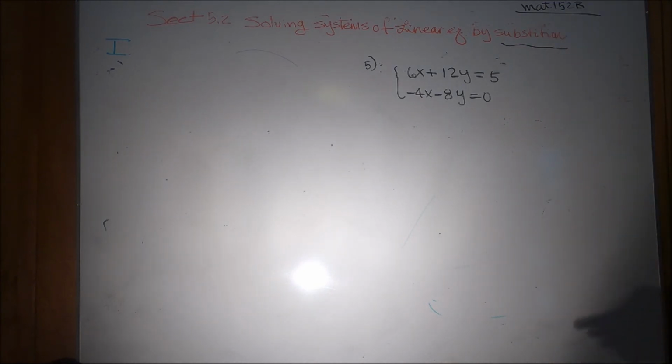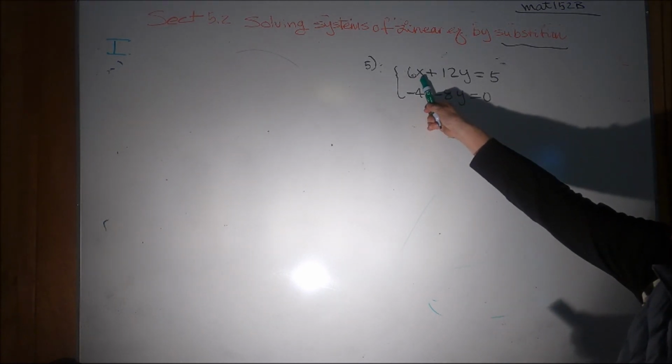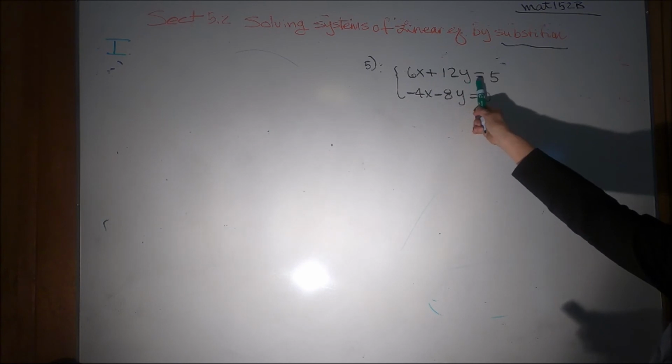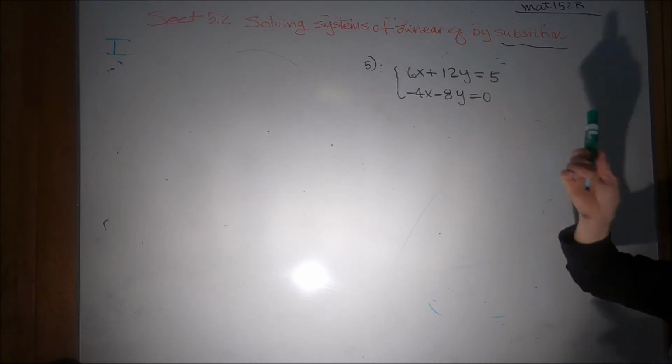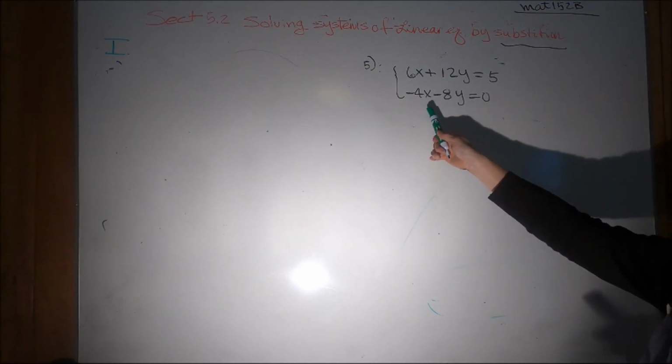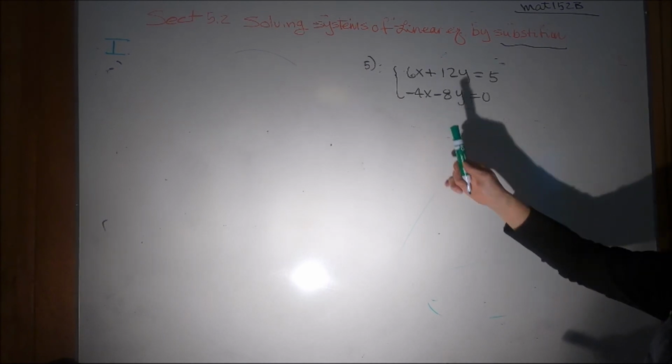That means we have to get one variable by itself. Look at those conditions. Just guess which one will look simpler for you to get by itself. If you get x by itself, right, you divide by 6, well, you have some fractions. So we look at the second one.